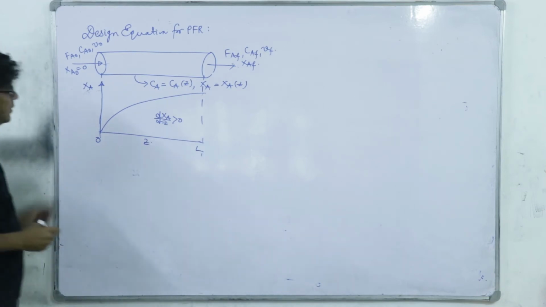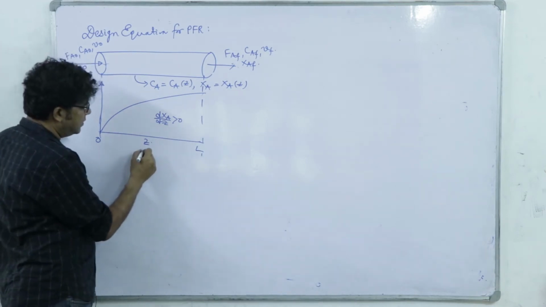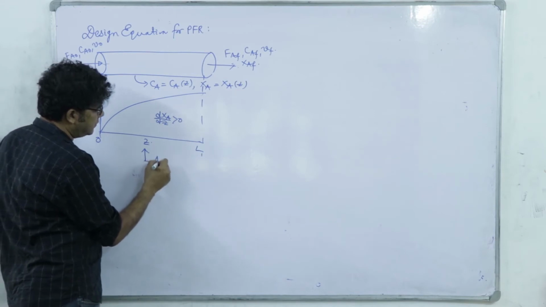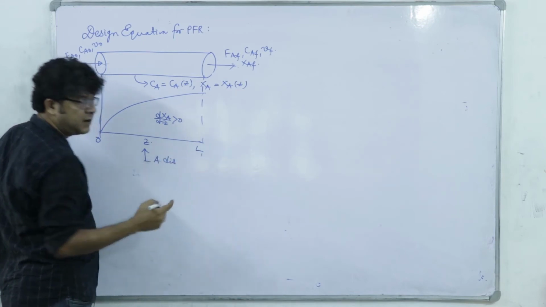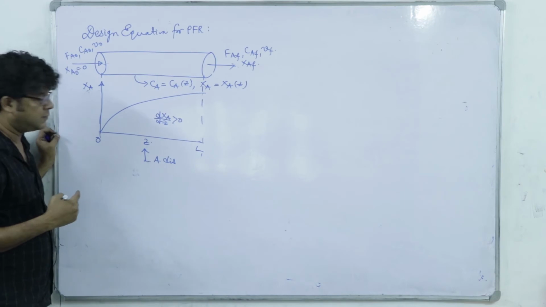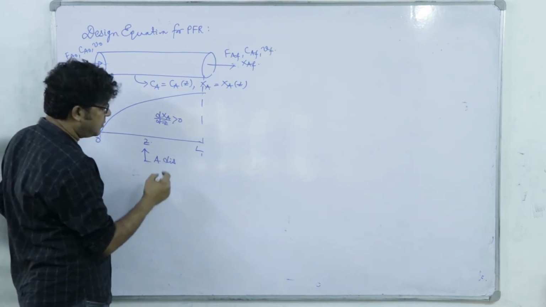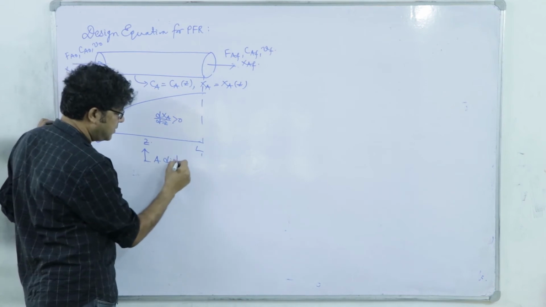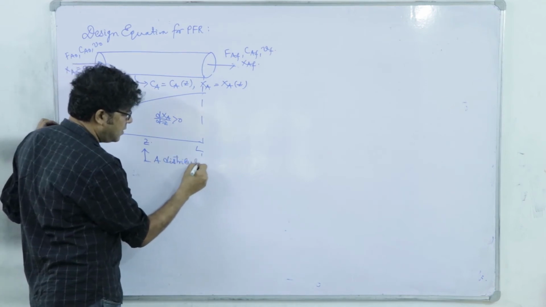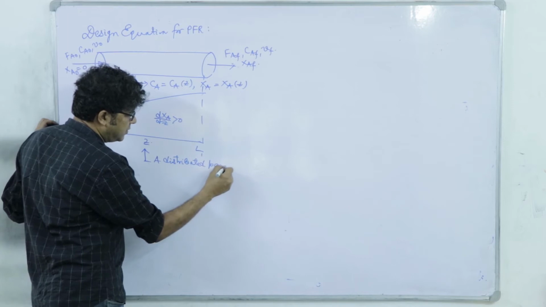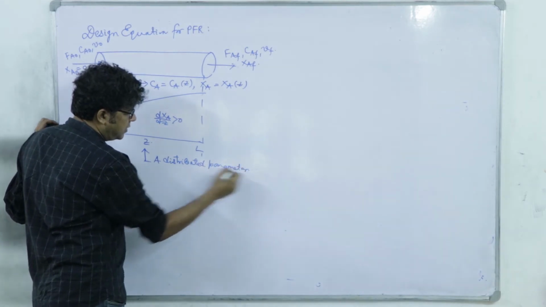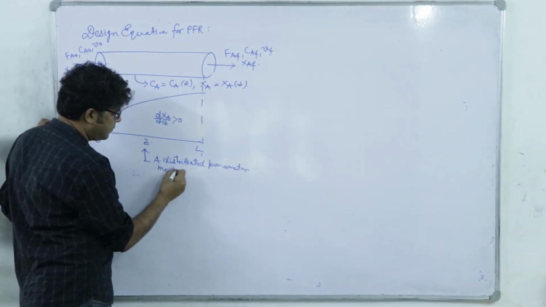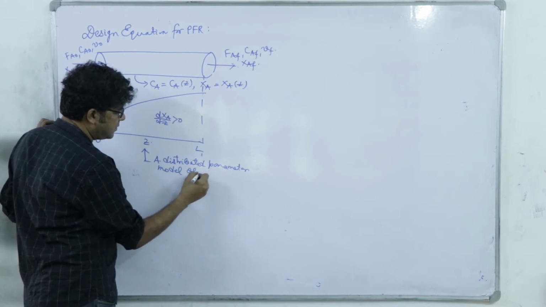So in general it is a distributed parameter model, contrary to the previous one, the CSTR, which was a lumped parameter model, as there was no variation with respect to the space coordinate. This is a distributed parameter model of a reactor.